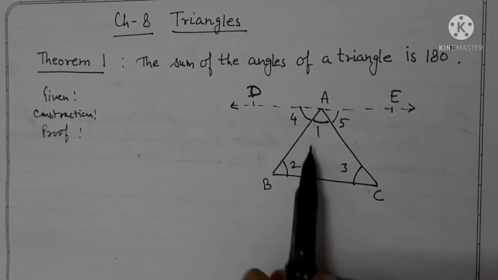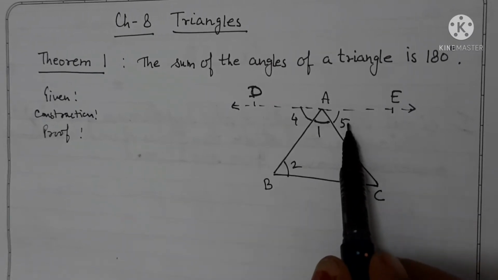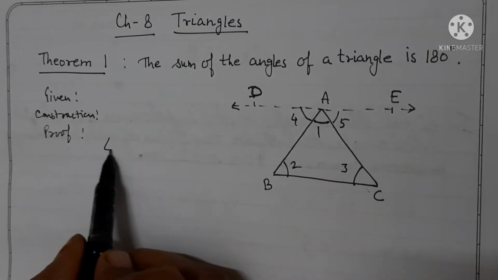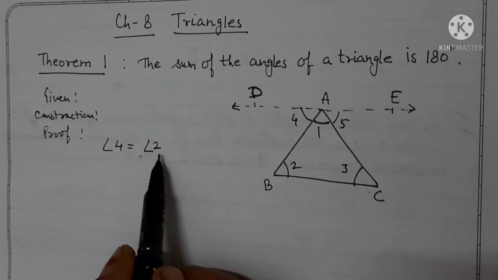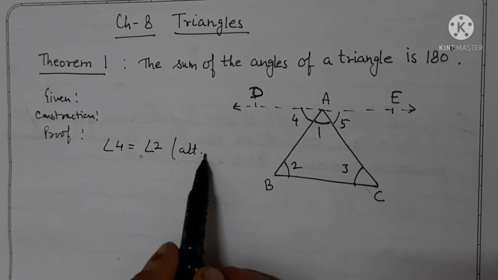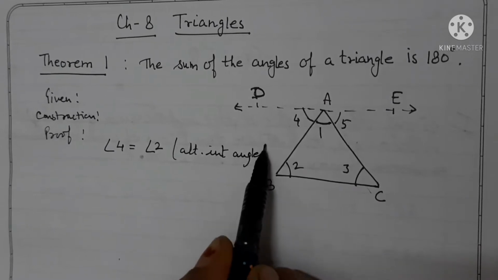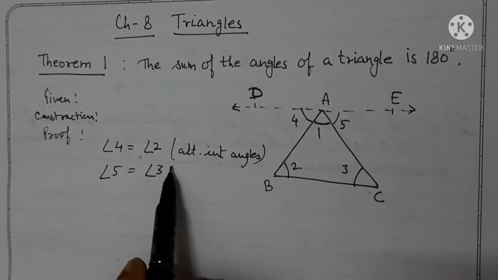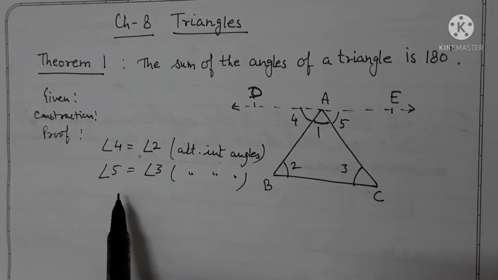It means both are alternate interior angles. Same here, angle 5 is equal to angle 3. So you can write here angle 4 is equal to angle 2, alternate interior angles, and angle 5 is equal to angle 3, alternate interior angles.